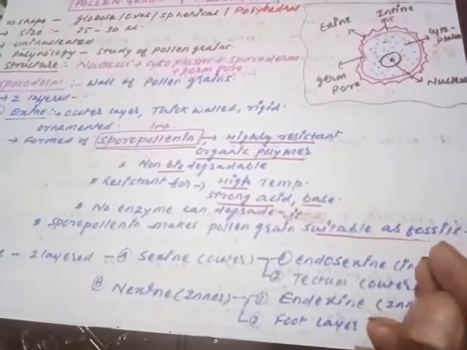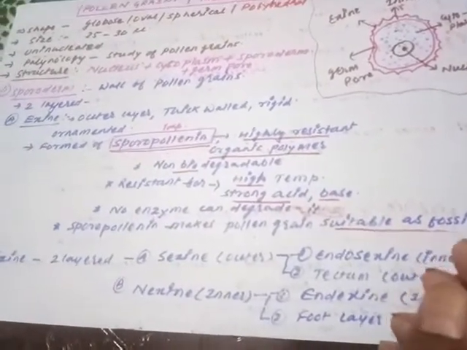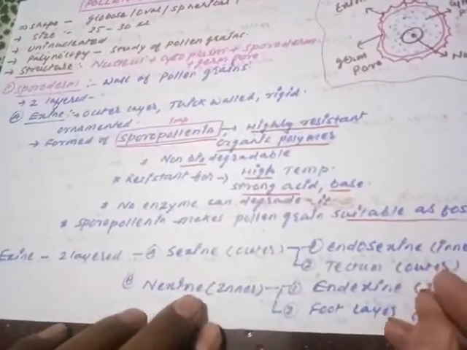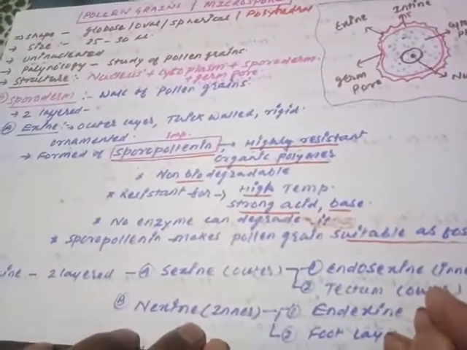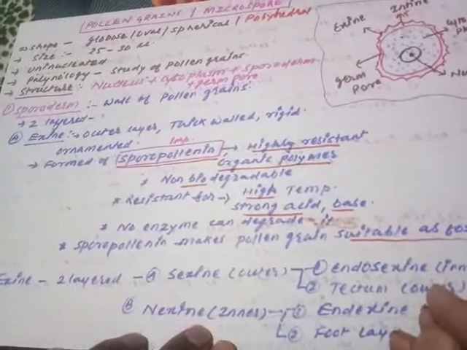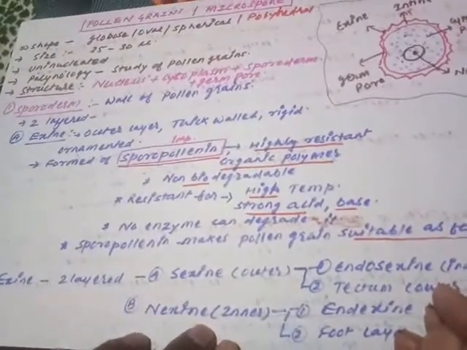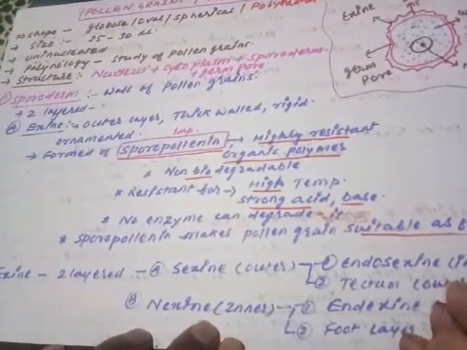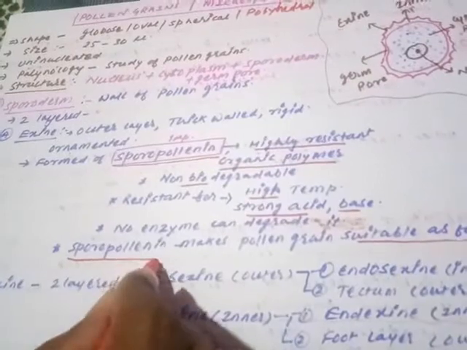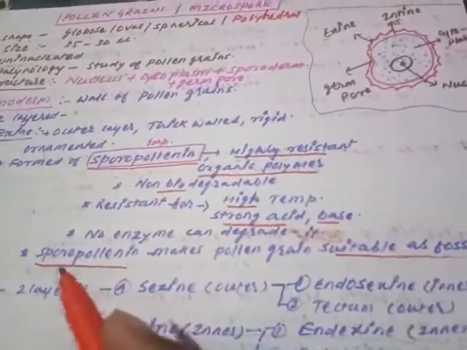Suppose a question is asked in your examination: which property of the pollen grain makes it suitable to work as a fossil, or why pollen grains from ancient times have been recovered successfully and can be studied properly? It is just because of the presence of sporopollenin in them. Sporopollenin makes them non-degradable.